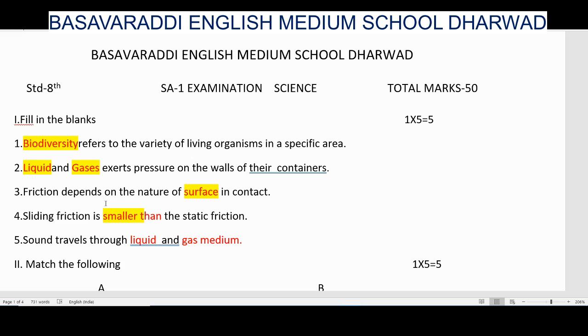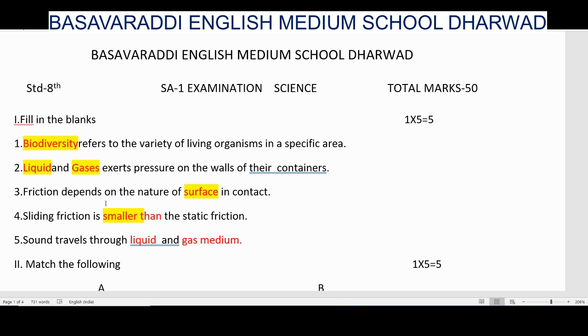Third one, friction depends on the nature of dash in contact. We know friction occurs when two surfaces come in contact with each other. This friction depends on the nature of the surface.